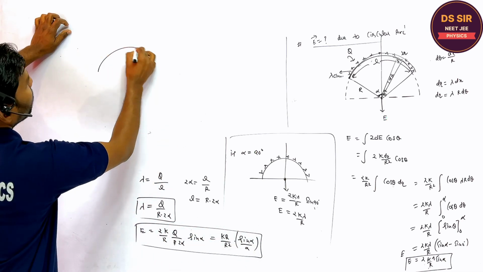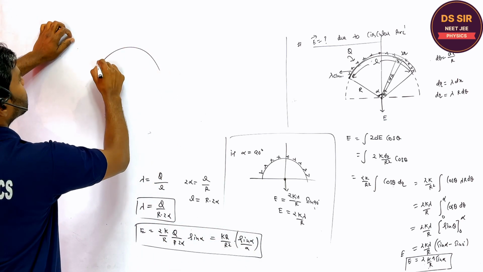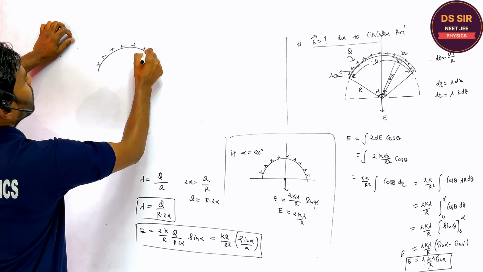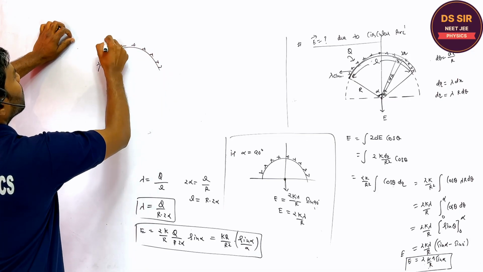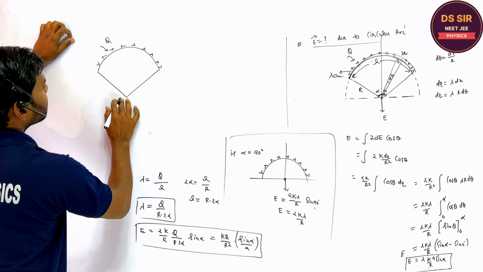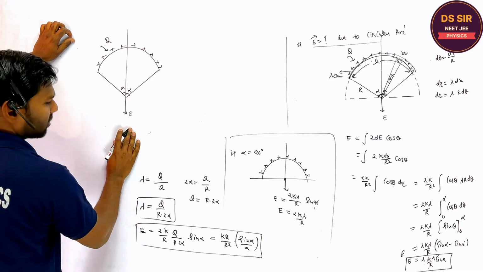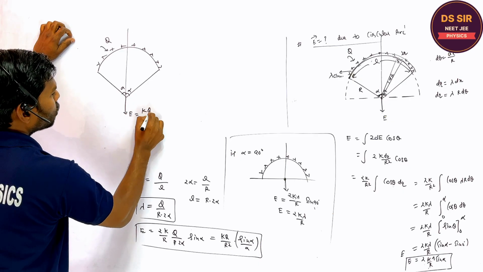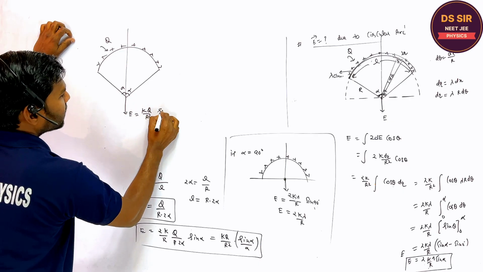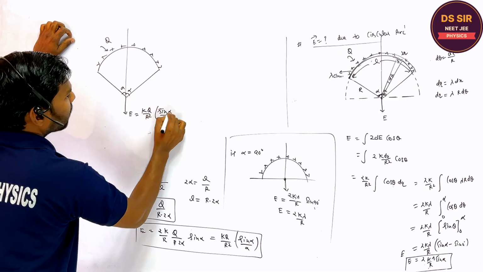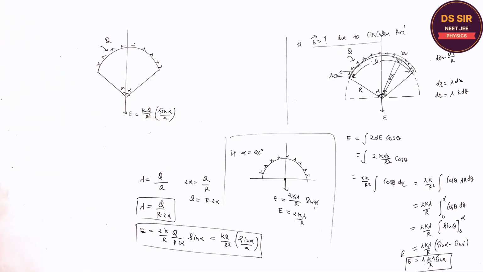Suppose if you have given this is the circular arc, the total charge is assumed to be the q. The angle is what? This is alpha, this is alpha. What is the electric field over here? Kq upon r square and sine alpha upon alpha. Is it clear or not, you tell?